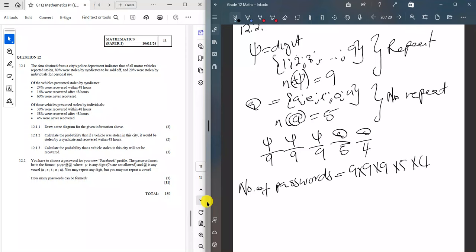In your calculator, you say 9 cubed times 20. Simple as that. This is 14,580. With that being said, we are done, and we have all our 11 marks.